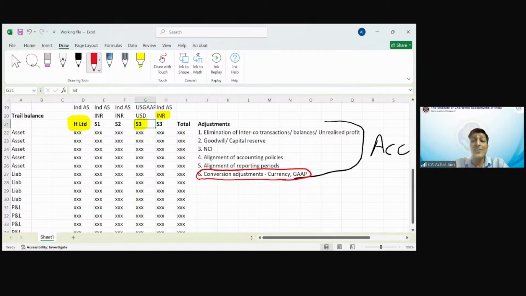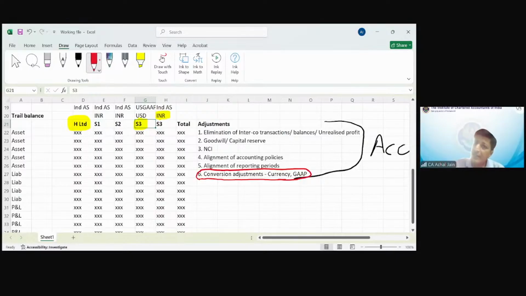The auditor of CFS will have to consider all of those adjustments which may be required from such a framework used by the component auditors. That's a component. So this S3 is a component, audited by the auditor of S3, as compared to the auditing framework applied for the audit of consolidated financial statements.